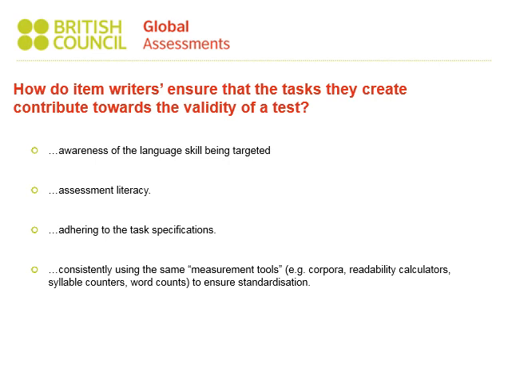So the corpus we use in Aptis is the British National Corpus, the BNC. There are other ones, like the Corpus of Contemporary American English, COCA. That gives you completely different readings. So if you have one item writer who's checking their lexical level with the BNC and another one who is checking their lexical level with COCA, then you're going to get inconsistent results.